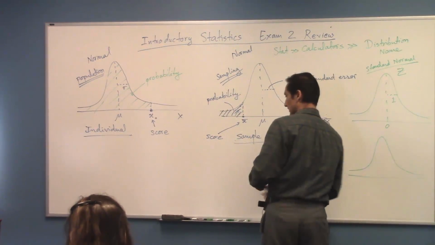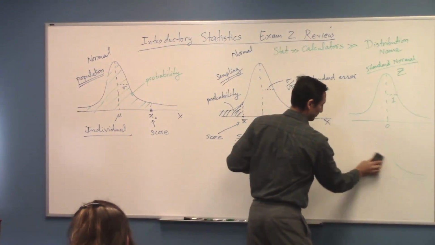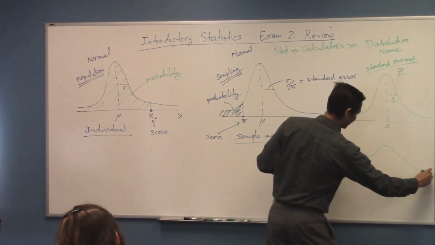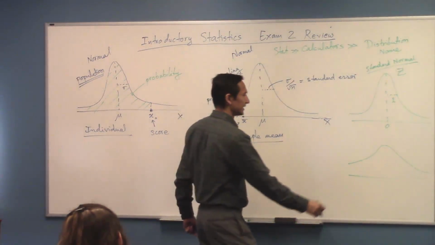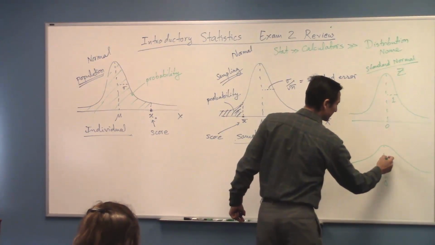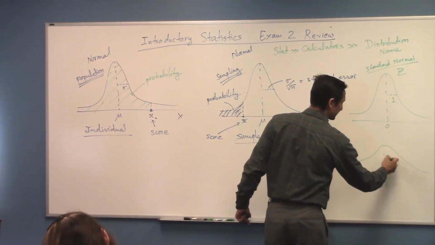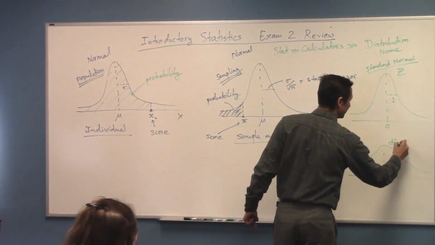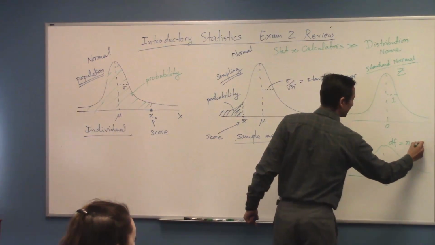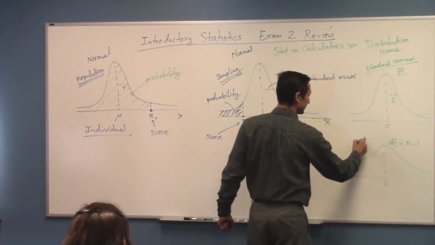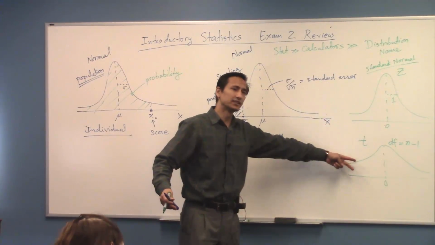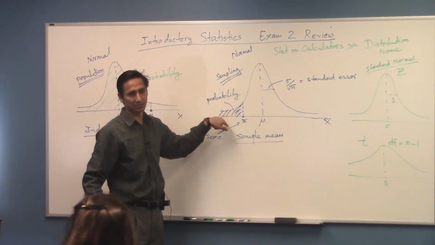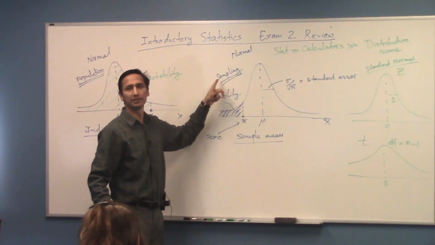It looks like Z, only a little bit flatter, because it also has 0 mean, but instead of standard deviation you'll have degrees of freedom, DF, which is sample size minus 1, n-1. Again, the goal is the same: compute a probability given a score, or a score given a probability.